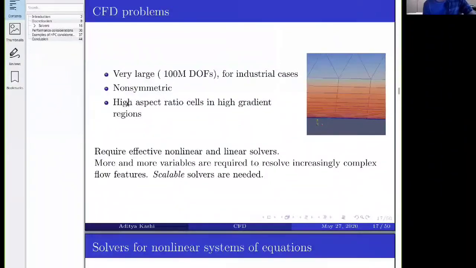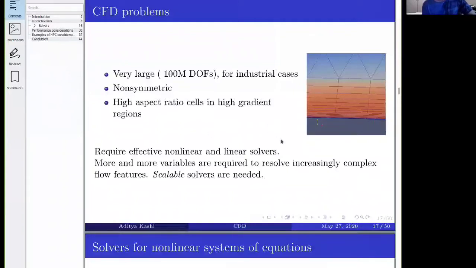And especially for CFD, the matrices that arise, and in general the equations that arise, are non-symmetric. That is also a challenge, because there are many methods available for symmetric problems which are efficient, but which don't work for non-symmetric problems. And there are many features of the solution that, to capture them, we might have to introduce features in the mesh, which might actually make the problem more difficult to solve.